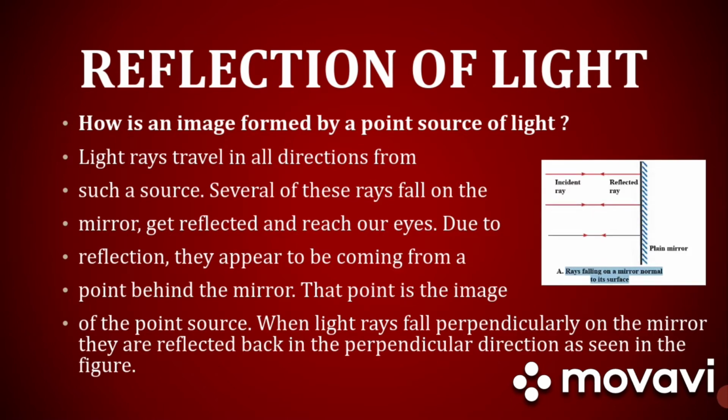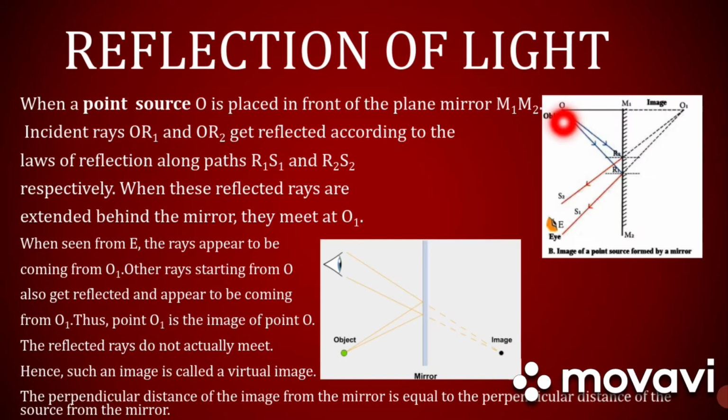When light rays fall perpendicularly on the mirror, they are reflected back in the perpendicular direction as seen in the figure. When a point source, that is object O, is placed in front of the plane mirror M1, M2, incident rays OR1 and OR2 get reflected according to the laws of reflection along paths R1S1 and R2S2 respectively.